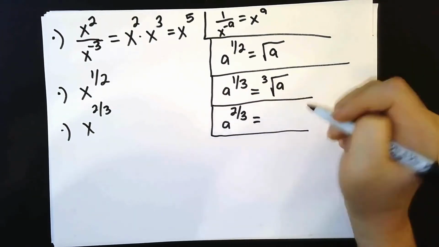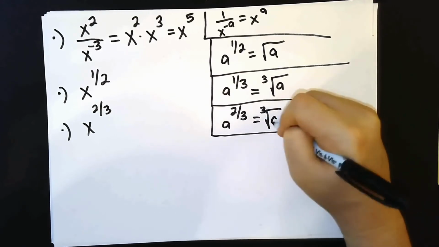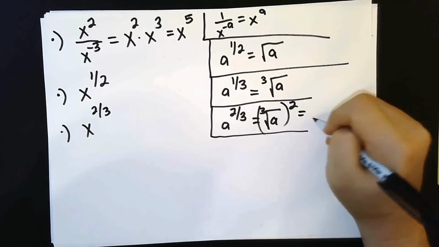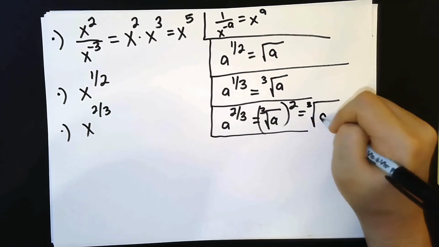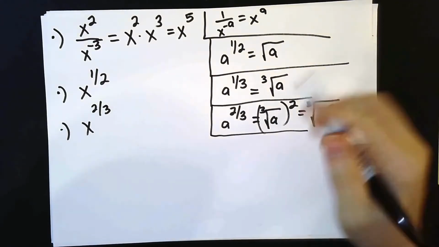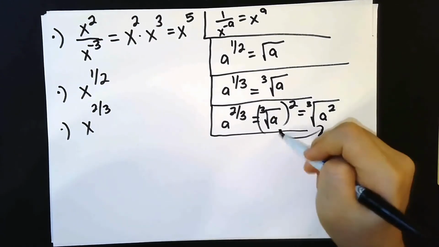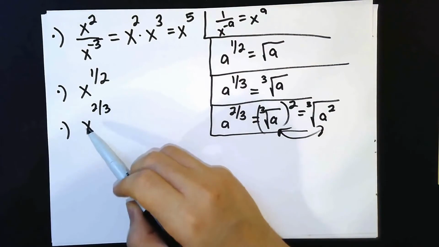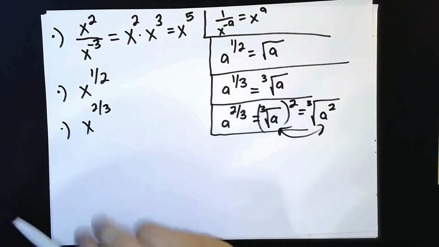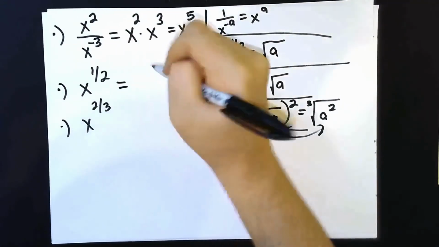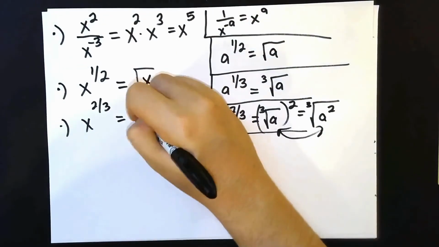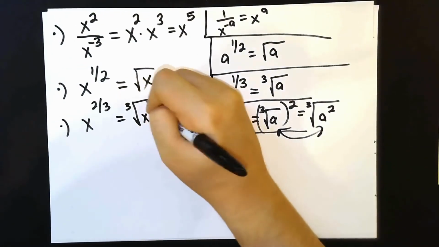It is the same as taking the cube root of the number and squaring it, or it's also the same as taking the cube root of the number squared. Either of these is an acceptable way of thinking of x to the 2/3 power. So this is just the square root of x, and this is the cube root of x squared.